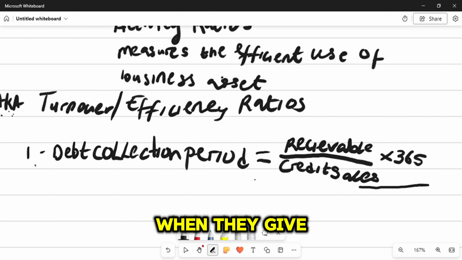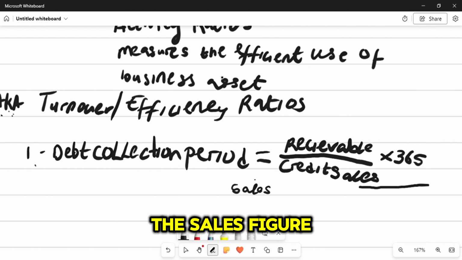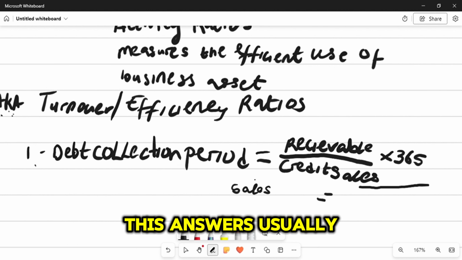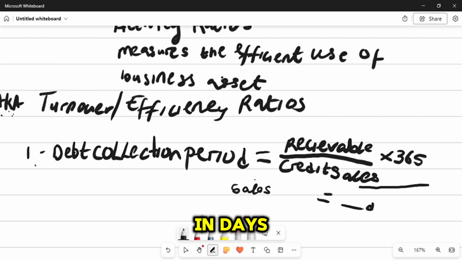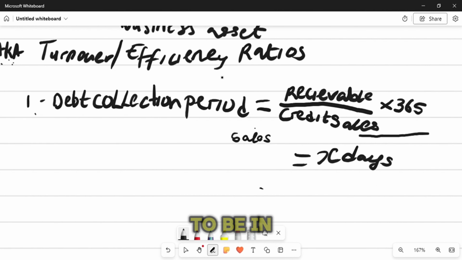In the exam hall, when they give you a financial statement, they will most probably not give you credit sales. They will just give you the sales in your statement of profit or loss. So you just use the sales figure directly, and whatever you get, the answer is usually in days. So just write x days.